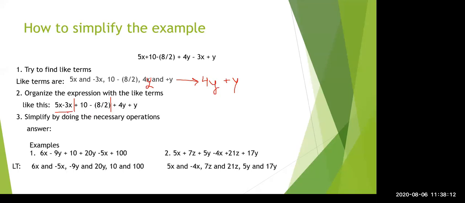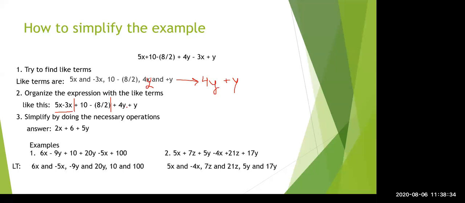Now to simplify this, you just do the necessary operations. First, 5x minus 3x equals 2x. So you simplify that part. Then you simplify the number part. That's 10 minus 8 divided by 2, which is 4, so 10 minus 4 equals 6.